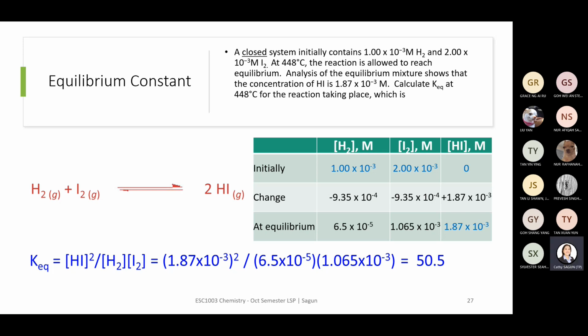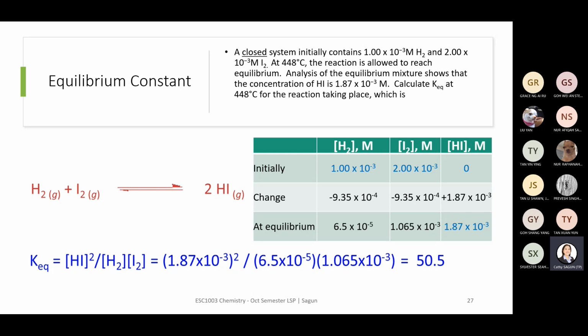So from there, you have the ICE table, I normally call this the ICE table, I, C, and E. If you write this ICE table, the first thing you have to do is write down the concentrations that are given to you in the correct spot in the table. Initially, it will always tell you initially or at equilibrium. So initially, you write down 1, 2, times 10 to the minus 3, and then 0.